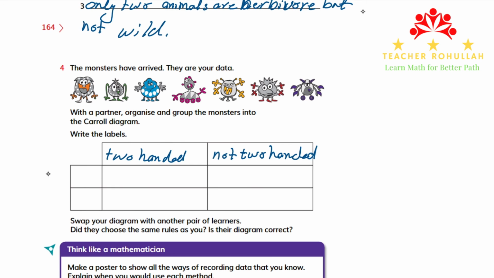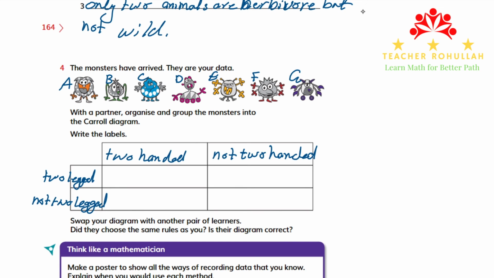So on the left we write two-legged, not two-legged. To be able to put them accurately, I will name them as A, B, C, D, and so on. So the first one from the left side, I will name it A, this one B, C, D, E, F, G.